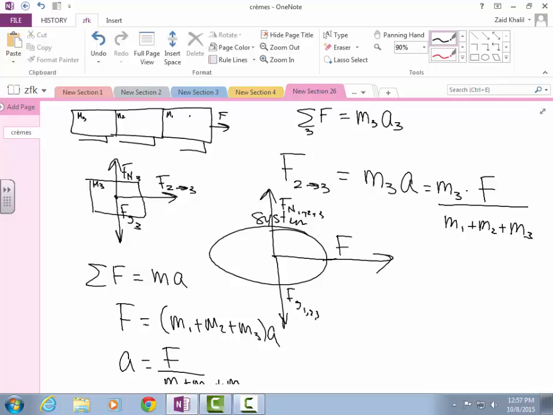Now we go to block 1. What are the forces on block 1? F. Which way? And what else? F2 on 1.